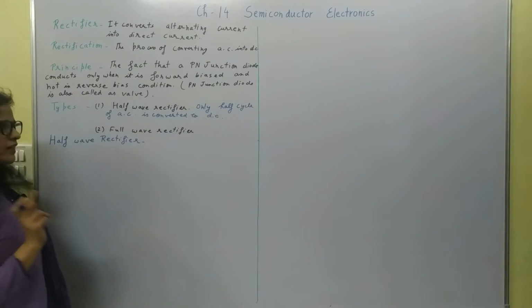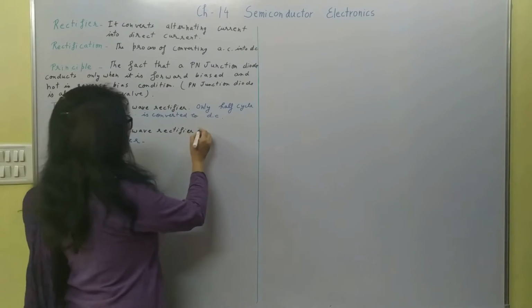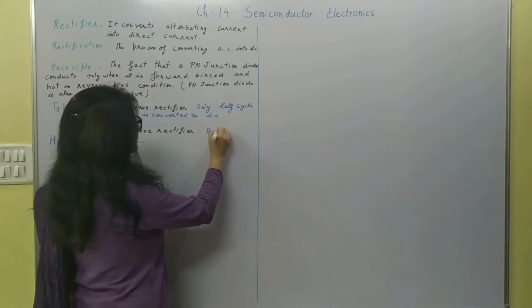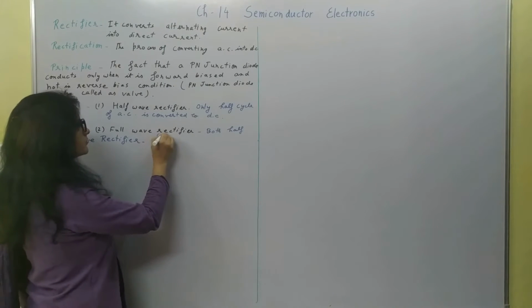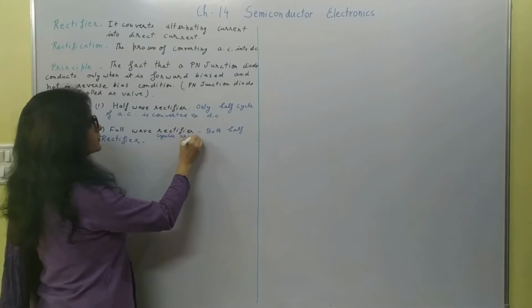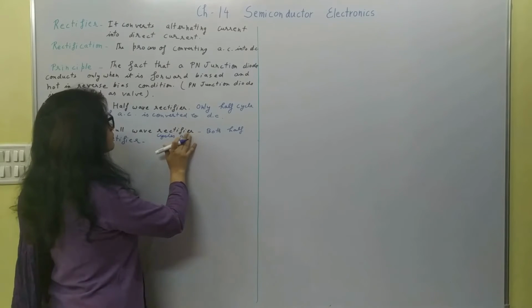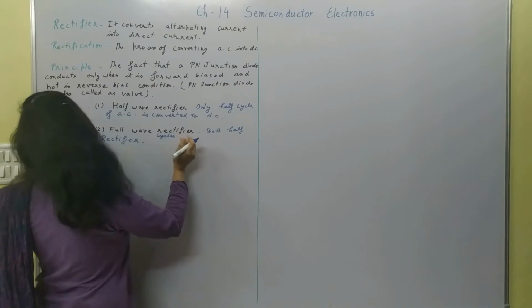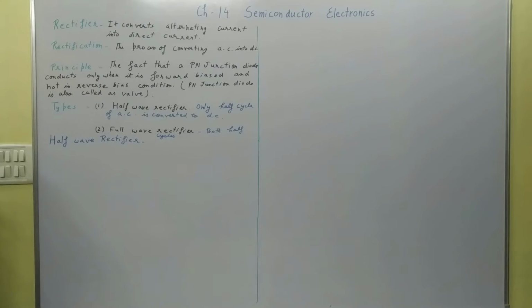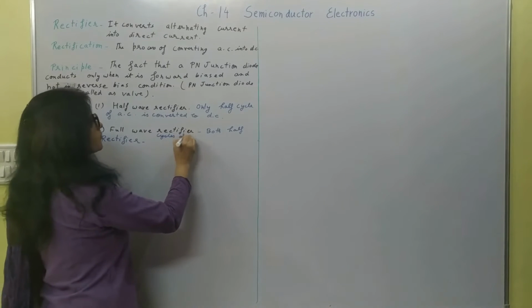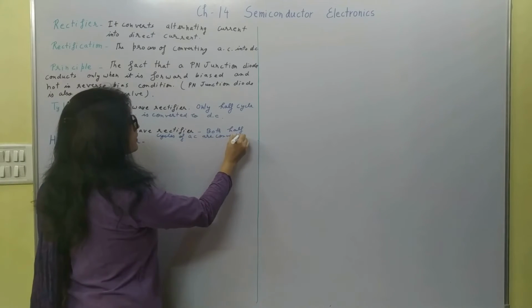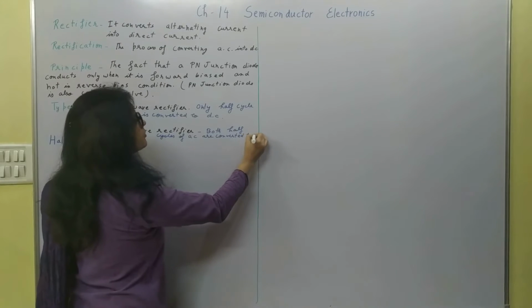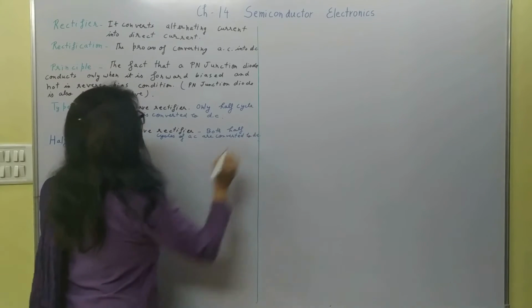In the full wave rectifier, both the half cycles of AC are converted to DC.